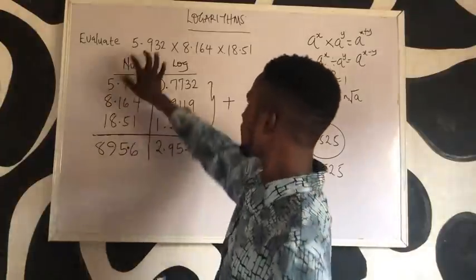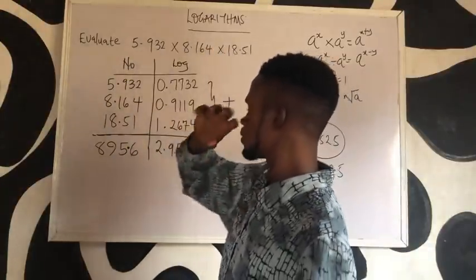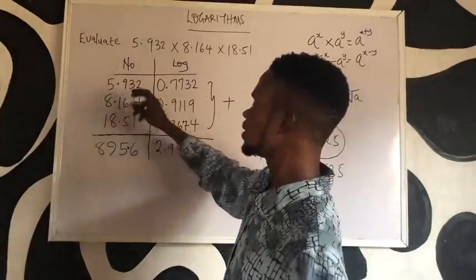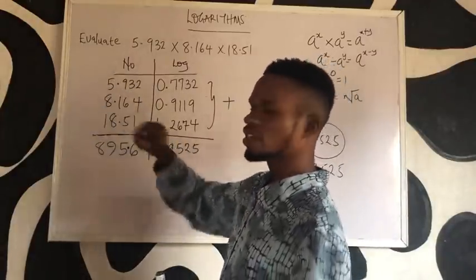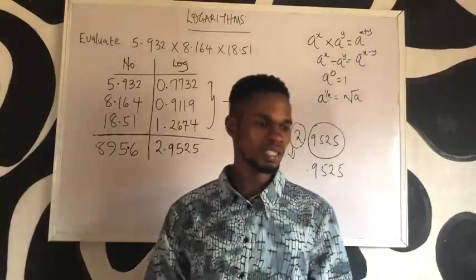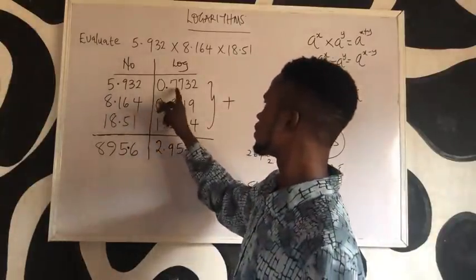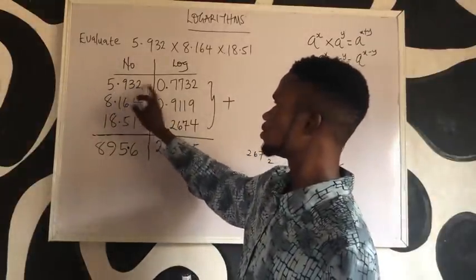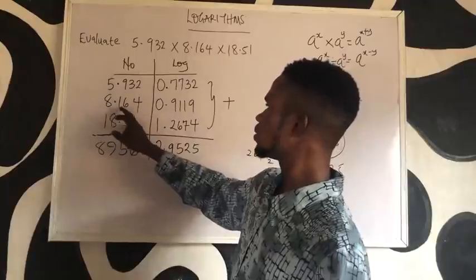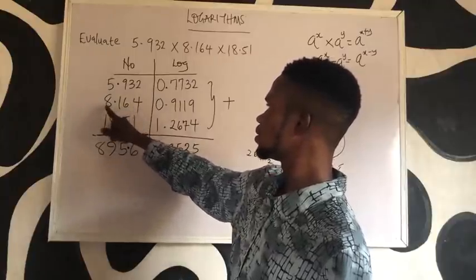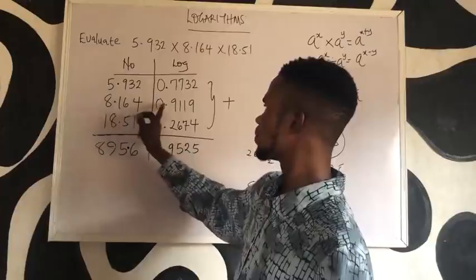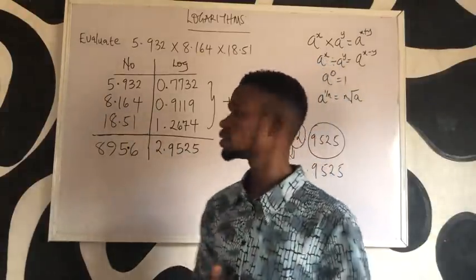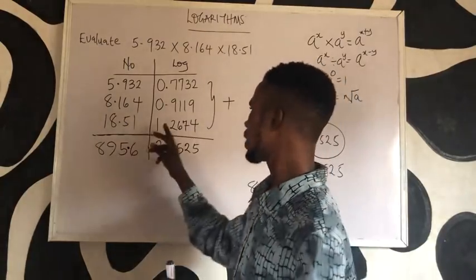895.6. We have the logarithm to evaluate 5.932; the characteristic is the number of digits before the decimal point minus 1, that's 1 minus 1, 0, 0 point this. 59 under 3 difference 2. Then 81 under 6 difference 4. Then 18.51, two numbers before the decimal point, that's 2 minus 1, 1 point.